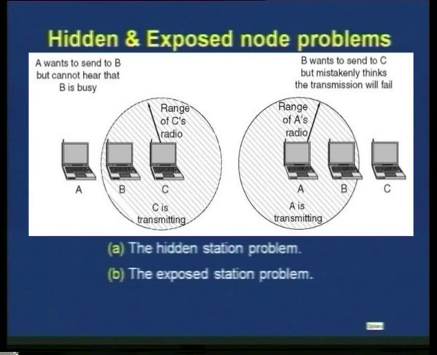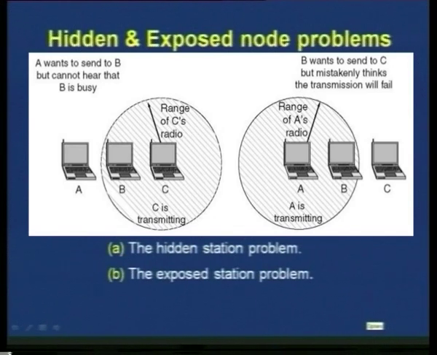So let us just look at it again pictorially. You can see on the left side what I am showing is the hidden station problem, that is, A wants to send to B but cannot hear that B is busy, assuming that C is transmitting. A wants to send to B but cannot hear that B is busy, therefore it goes and transmits. A and C are hidden with respect to each other. On the right side we have the exposed node problem.